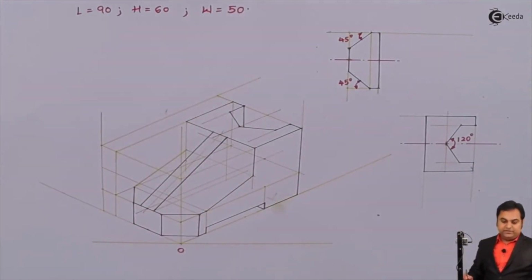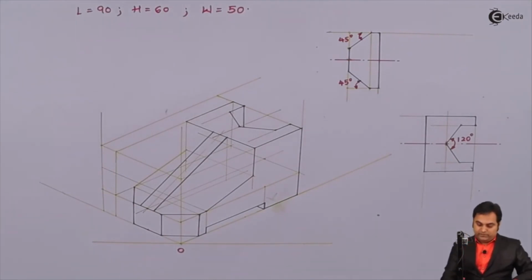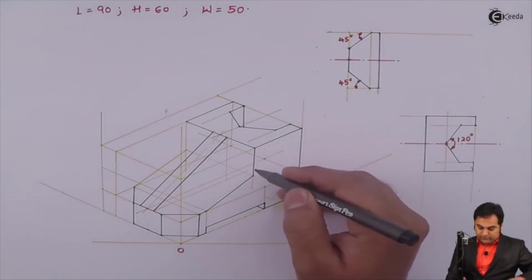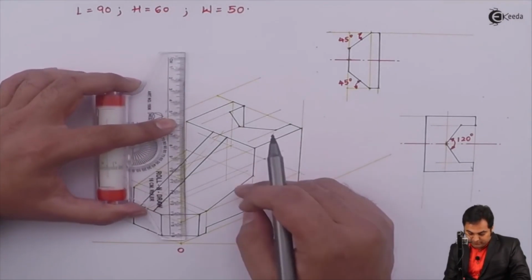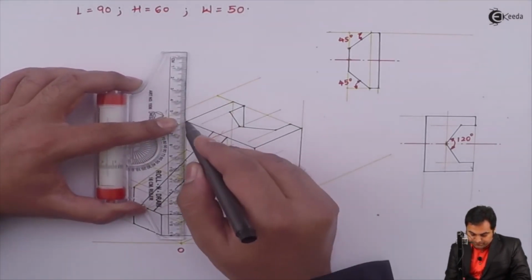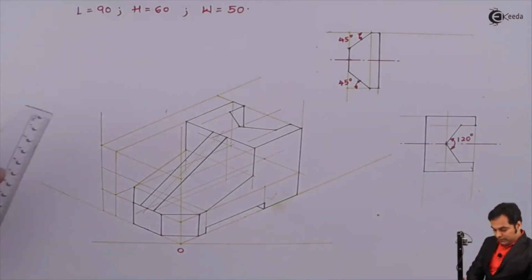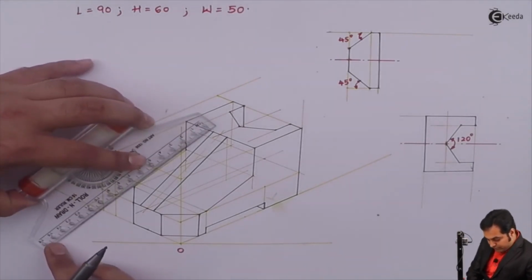The rib is connected. Next, like this is 25 mm down, even a line is 25 mm down from the other side, and here also it is connected with the help of a sloping line.